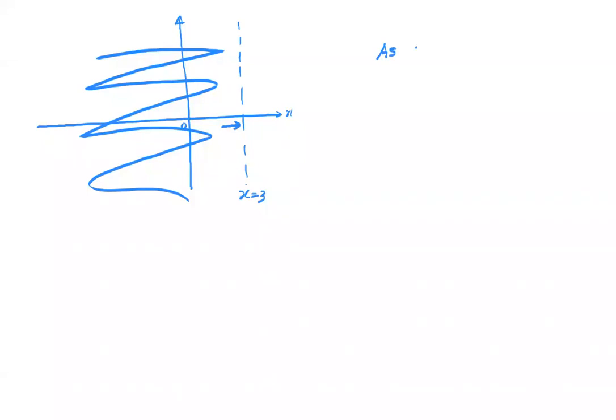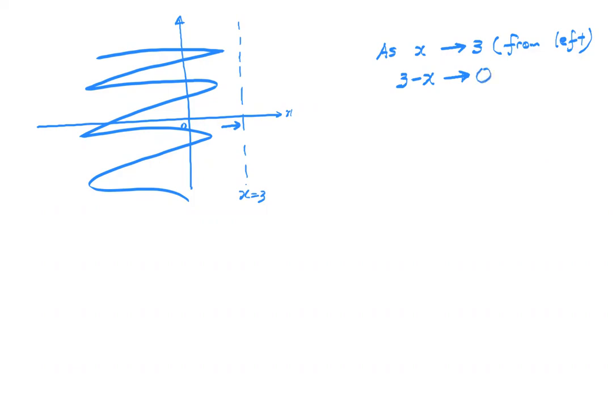So as x approaches 3 from the left, can you tell me what happened to 3 minus x? Student? It becomes closer and closer to 0. Yeah, so we say approaches 0, correct?